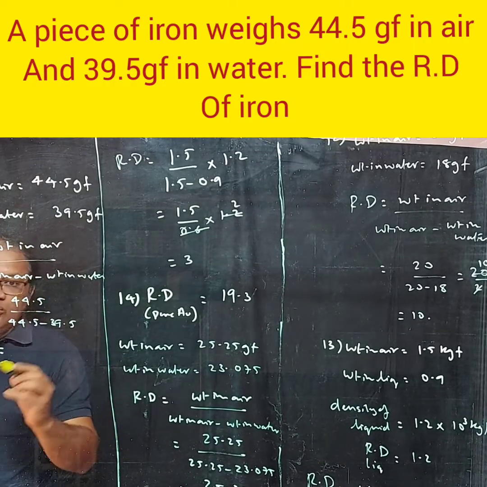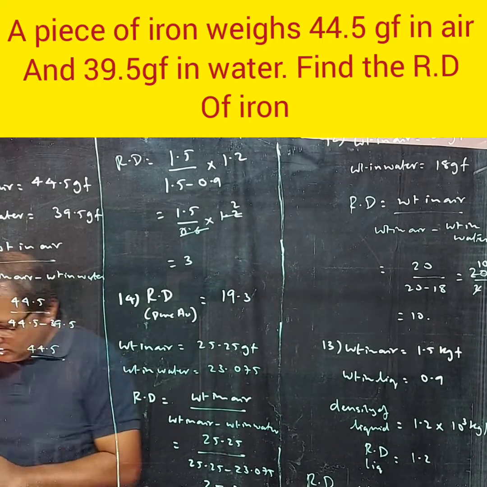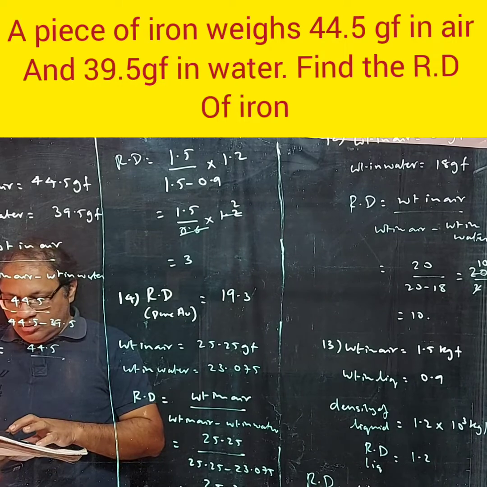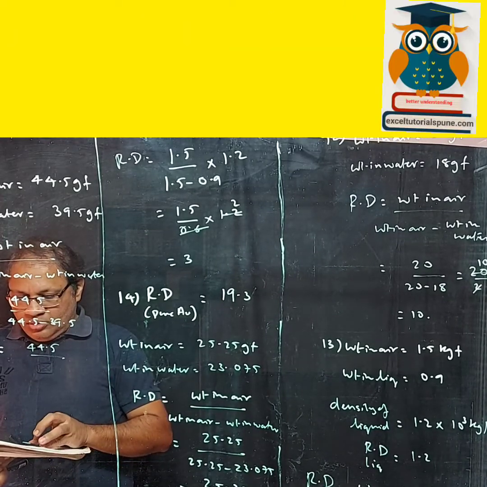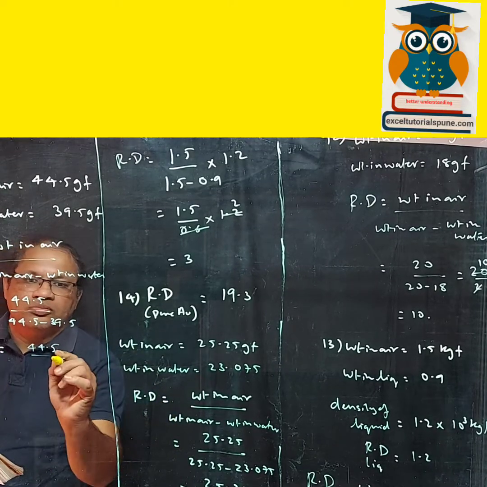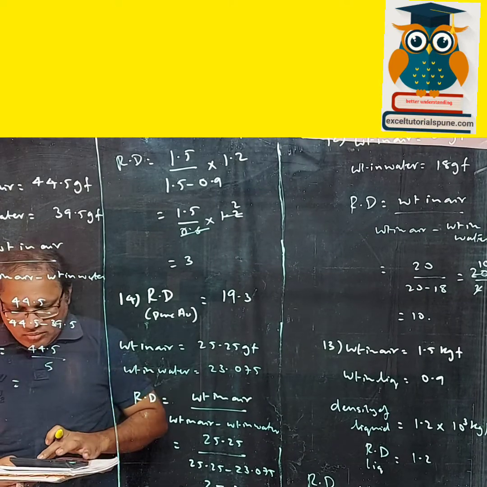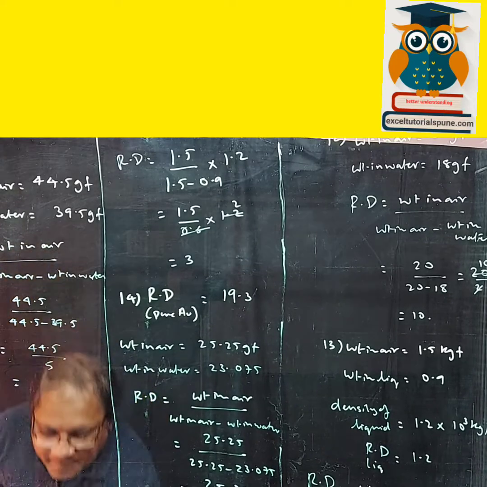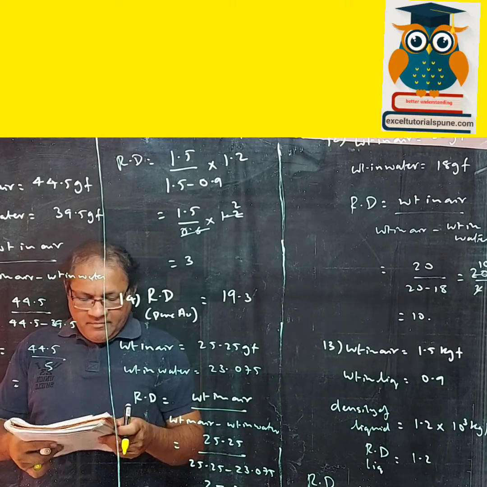So that comes to 44.5 divided by 5. That is again 8.9.